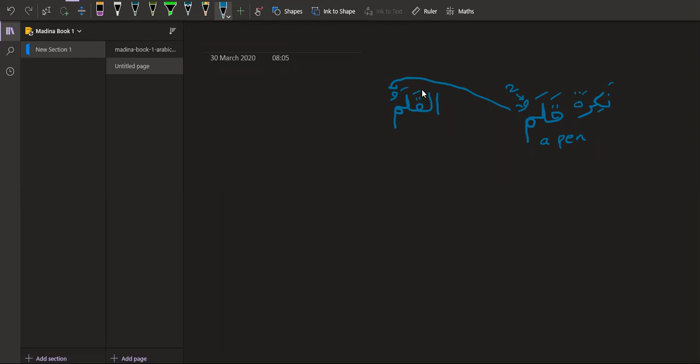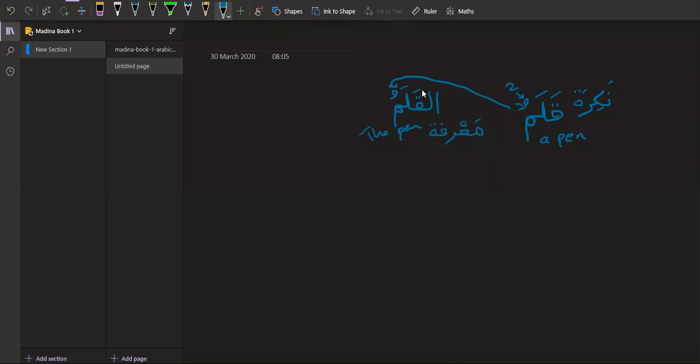And then al-qalam with alif and lam, we call it ma'rifah, which is definite. So it's a pen, and then it becomes the pen. But the most important thing we learned is that it changes from two dhammas to one dhamma.